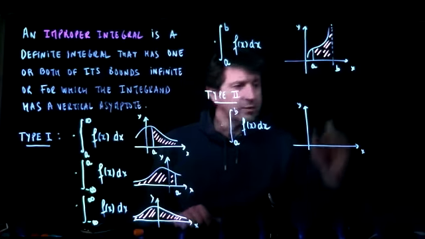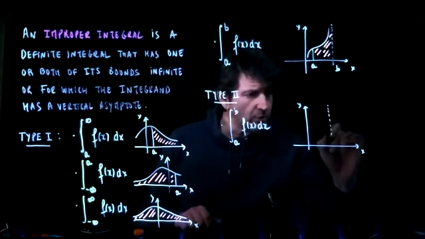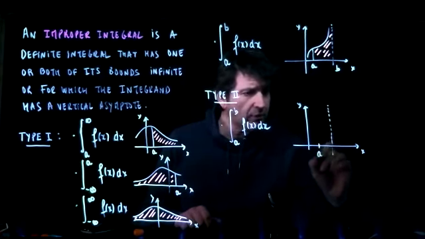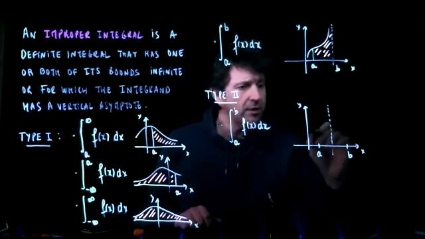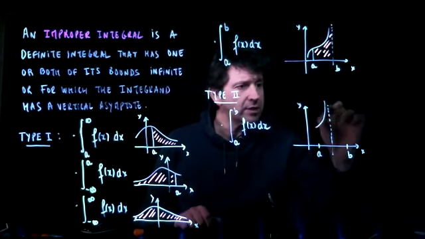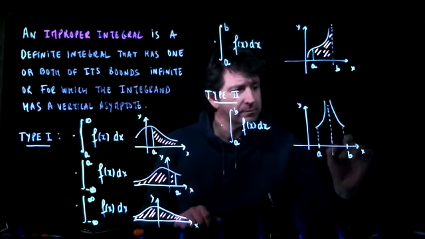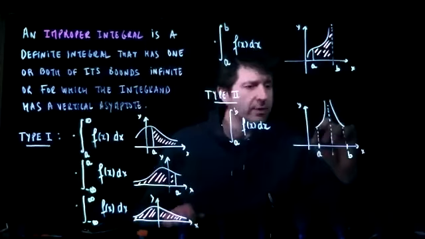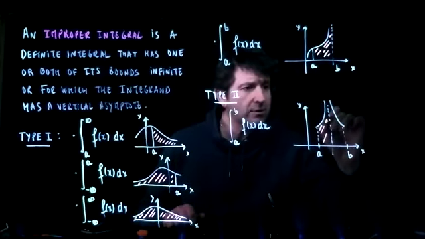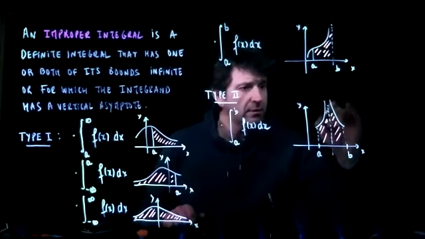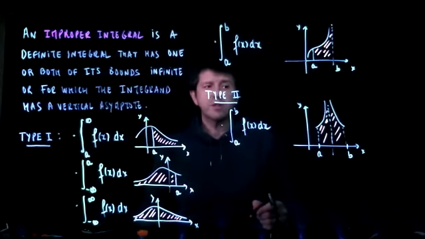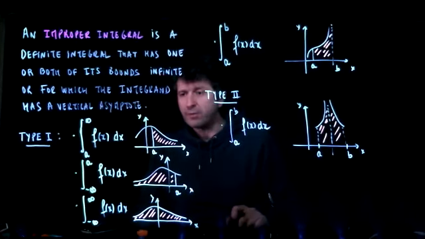So let's say there is a vertical asymptote somewhere here, and I'm going from A to B, and this is my situation, let's say. Okay. I'm looking for this area. And this is a tricky one, because sometimes you won't notice that there is a problem in the middle.